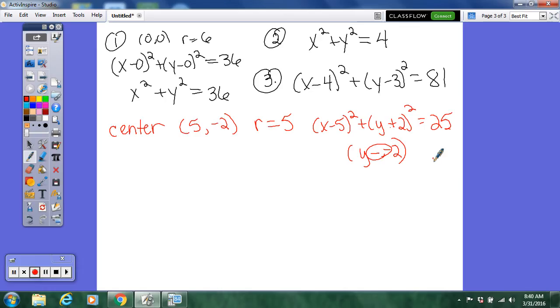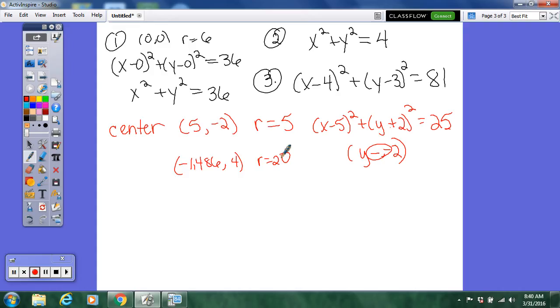Another one? Okay. All right, center at negative 1,486.4, comma 4, and a radius of 20.